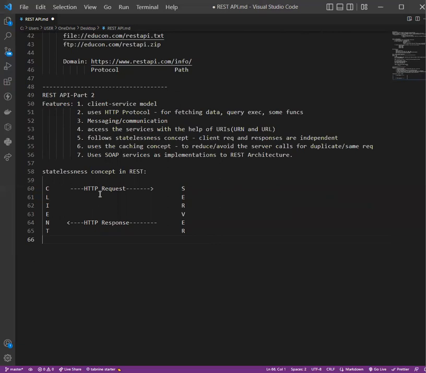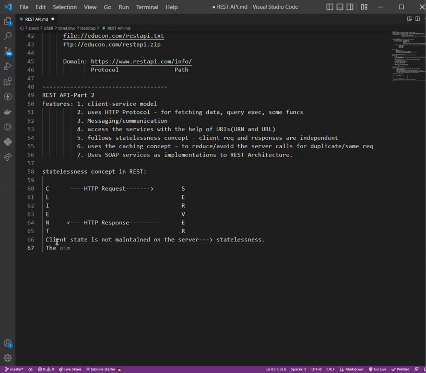The server processes the client's request, and the session on the server is identified by the session identifier sent by the client. So the main concept is that client state is not based on the server. This is the statelessness.